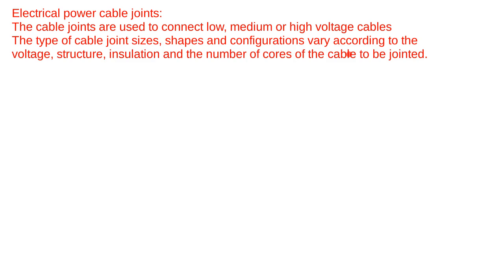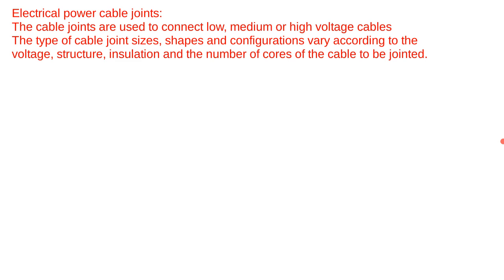So the type of cable joint, the size, the shape, the configuration, varies according to these factors. One, the voltage it is able to handle, two, the structure, three, the insulation, this is the covering, and also the number of cores of the cable to be jointed.